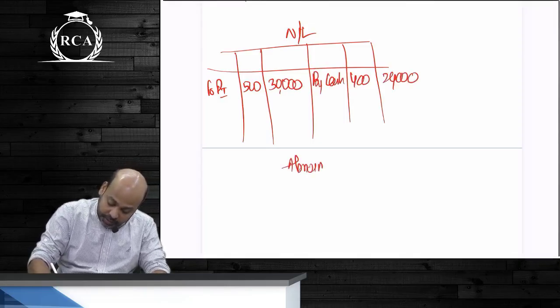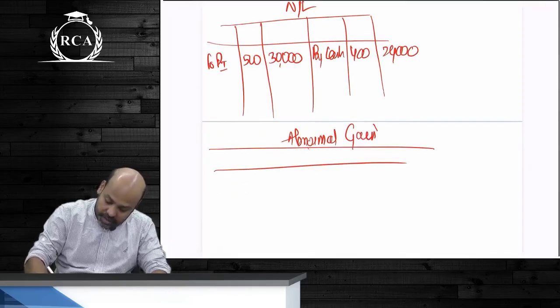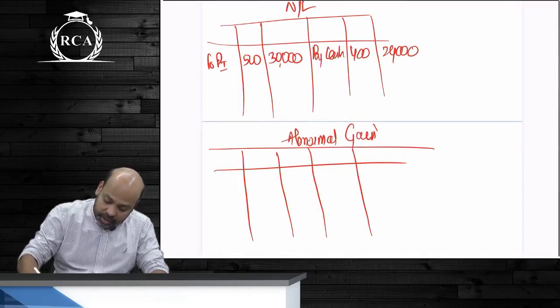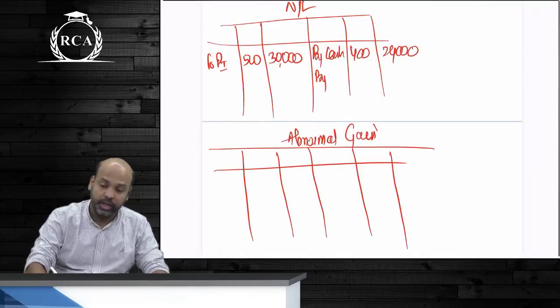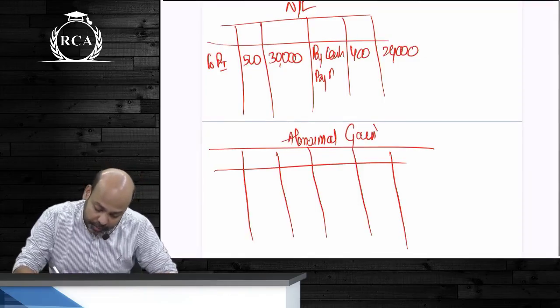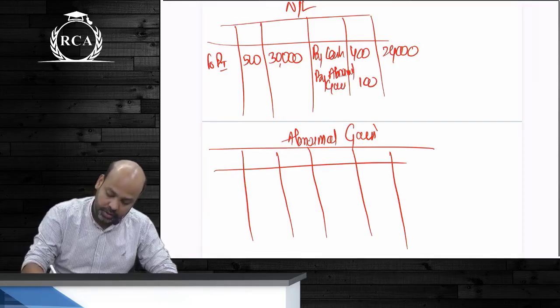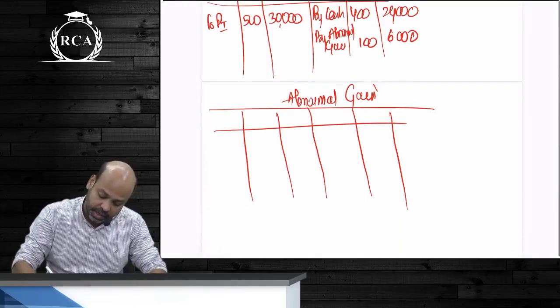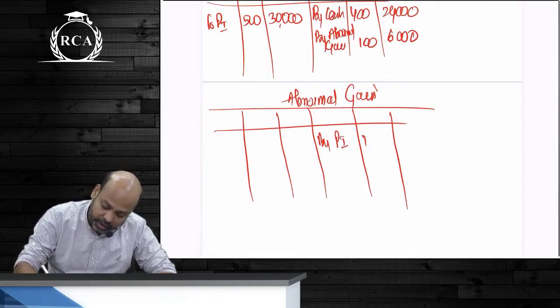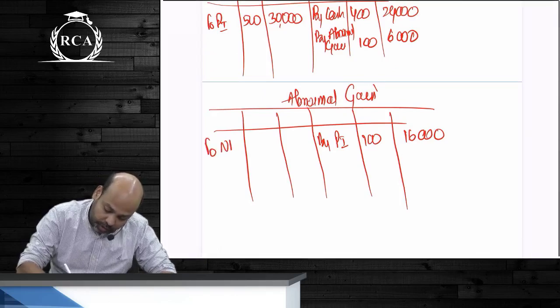But why am I not getting scrap value of the remaining 100 units? I will transfer that to abnormal gain account and reduce my abnormal gain. I'll write by abnormal gain 100 units, 6,000. Here from process 1, guys, we did not get 100 units at 16,000. I'll write to normal loss 100 units 6,000.